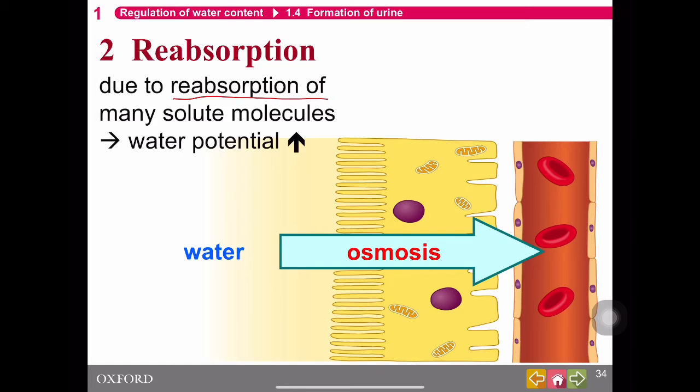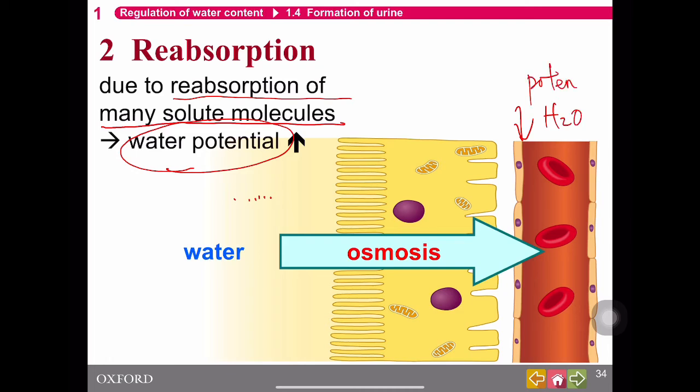Due to the reabsorption of many solute molecules, including glucose, amino acids, and salts, as most of the solute molecules are reabsorbed back to the capillary, this will raise the water potential in the glomerular filtrate and lower the water potential in the blood of the capillary.